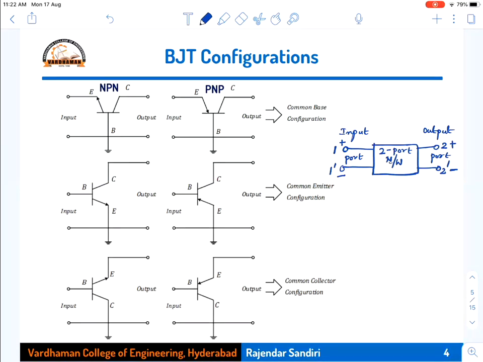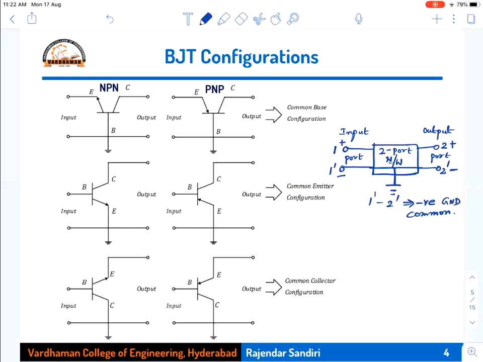In this two-port network, the negative terminal is on both sides, both ports. This negative terminal is generally common to both sides and is connected to ground. So 1 dash and 2 dash are both negative, and they are ground and common for both ports.